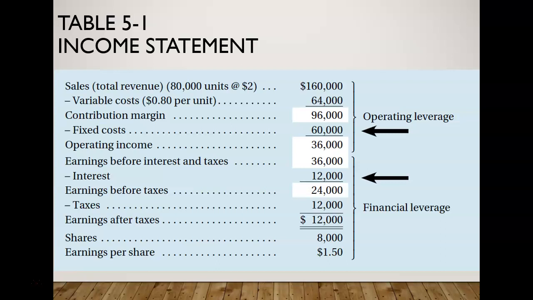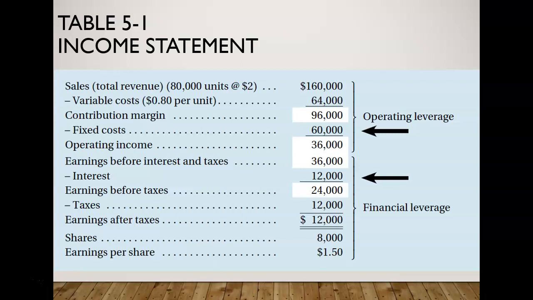This income statement, however, is a bit different. This time we are going to break our sales, our costs down into fixed and variable costs. So we start with sales. From sales, we are going to take our variable costs, and then we will come to what is known as contribution margin.